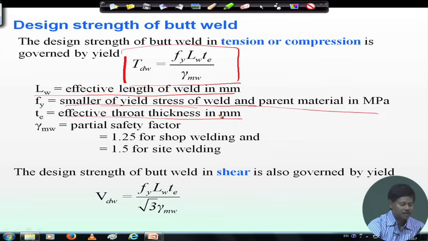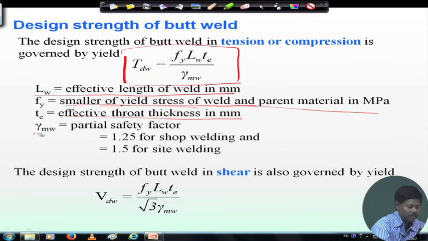That effective throat thickness, how to calculate, we have discussed: it is the thickness of the thinner plate in case of complete penetration. In case of incomplete penetration, it will be 7/8 of the thickness of the thinner plate, and for strength calculation it will be 5/8 of the thickness of the thinner plate.